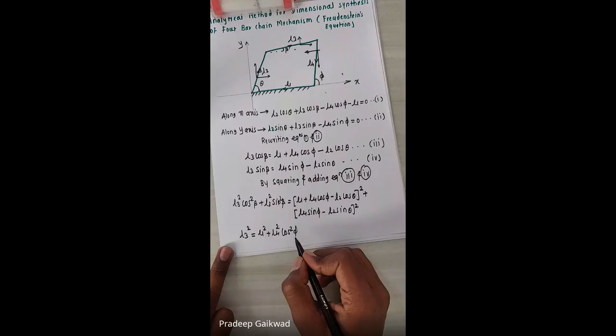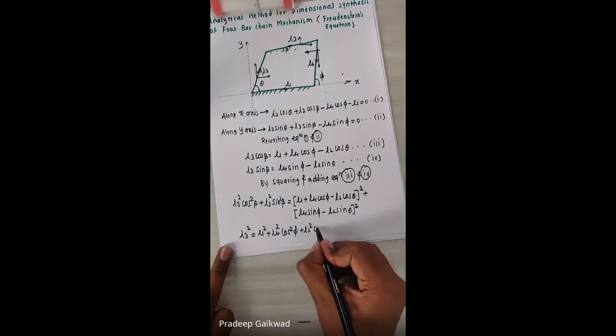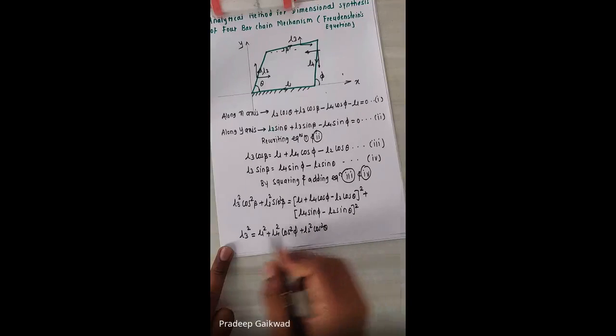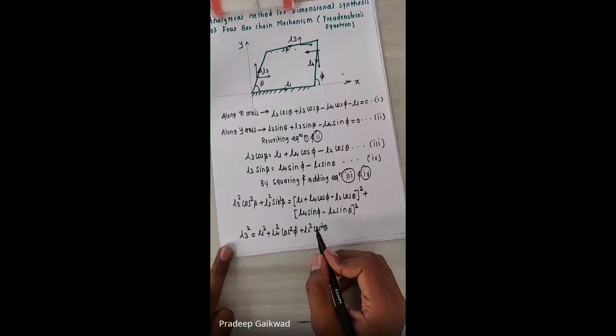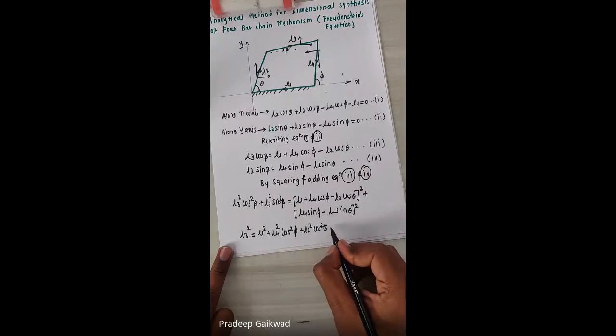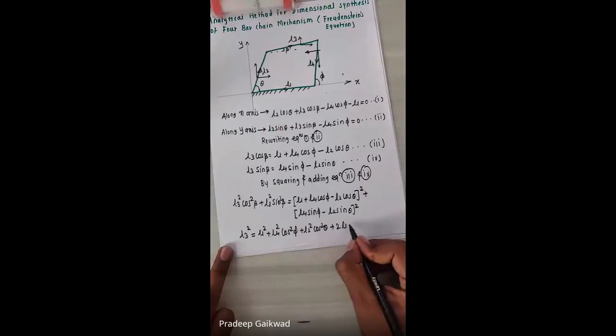Plus, yes, because I'm squaring it, so it will be L2 square cos square theta. So it is A square plus B square plus C square. Next, twice AB: twice L1 times L4 cos phi.